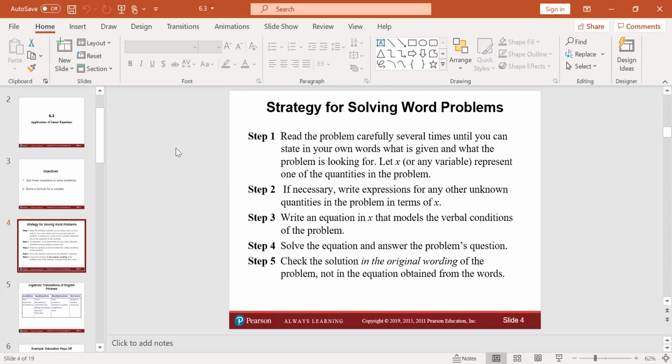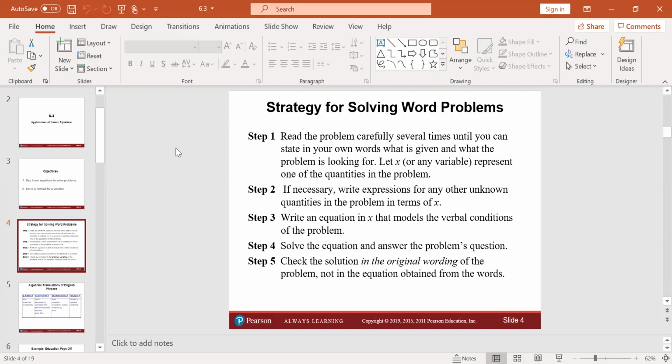You are going to construct an equation involving that variable. What do you think you do with that equation? You solve the bad boy, absolutely. You're going to solve that thing. In fact, that's kind of the whole point of setting it up. Solving the equation is just your way of reasoning through the problem and trying to figure out the numerical value that makes sense. So solve the equation, answer the problem's question.